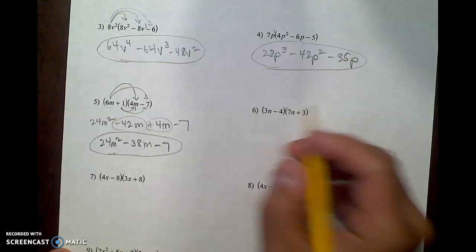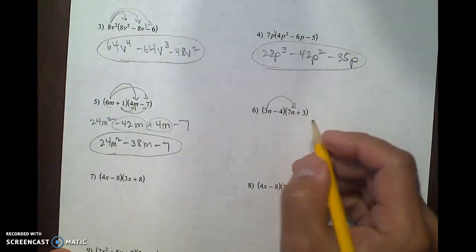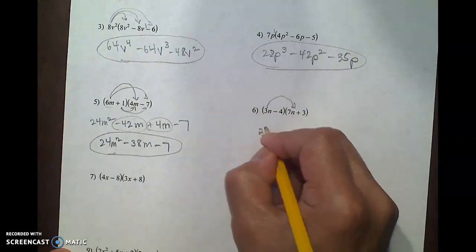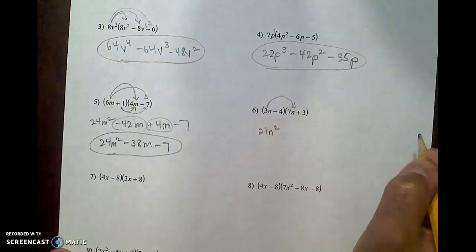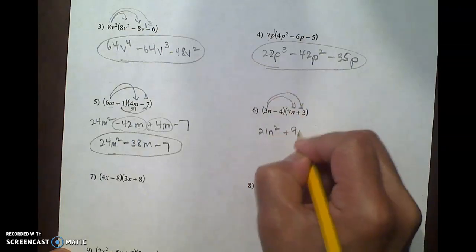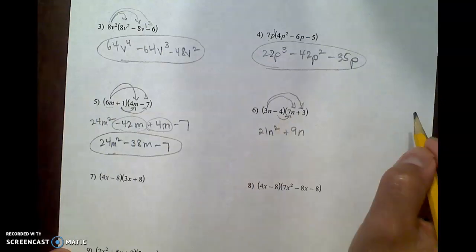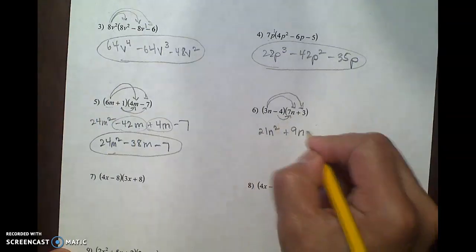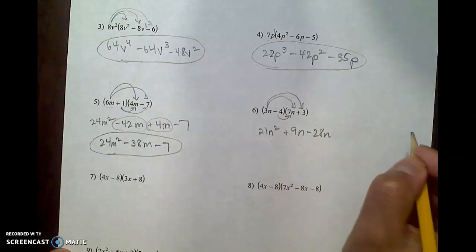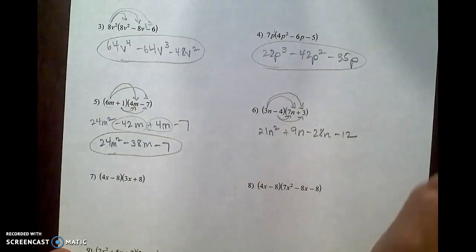Number 6, 3n distributed to the other parentheses. 3n times 7n is 21n squared. 3n times 3 is 9n. Negative 4 times 7n, negative 28n. Negative 4 times 3 is negative 12.